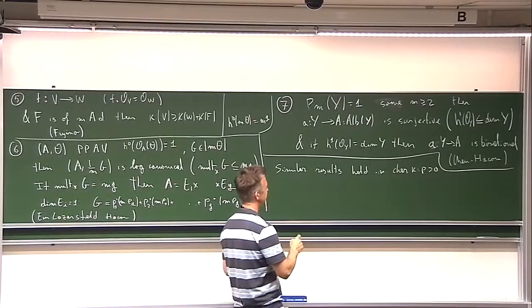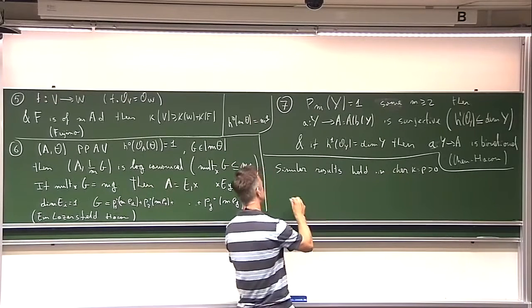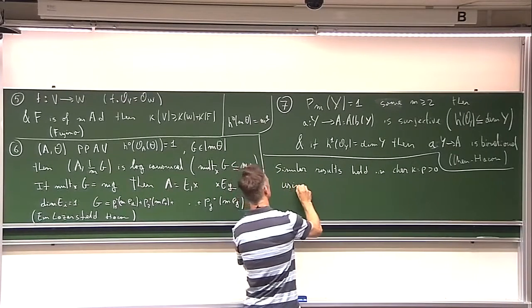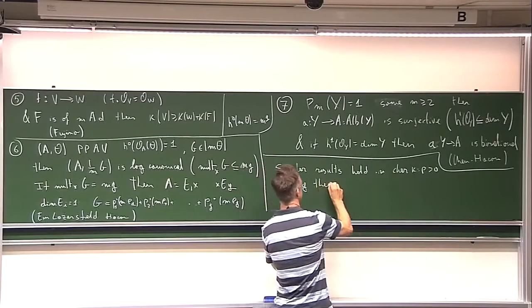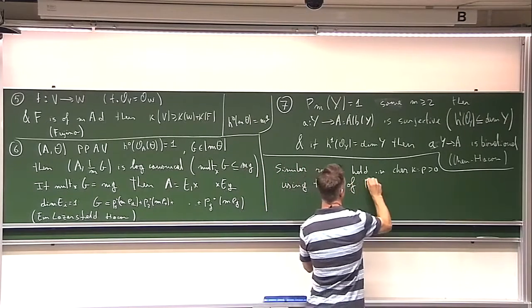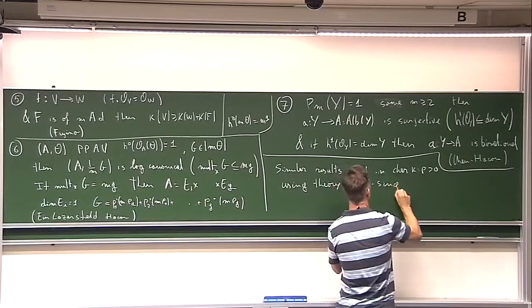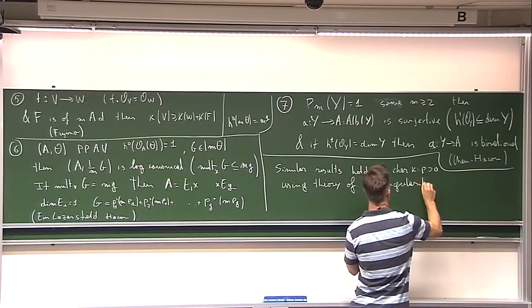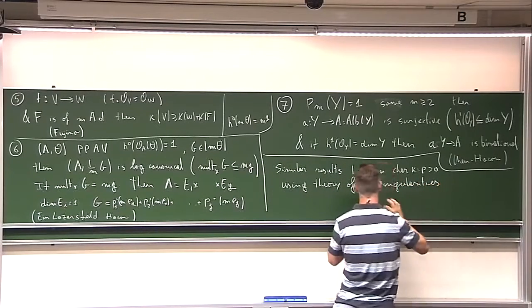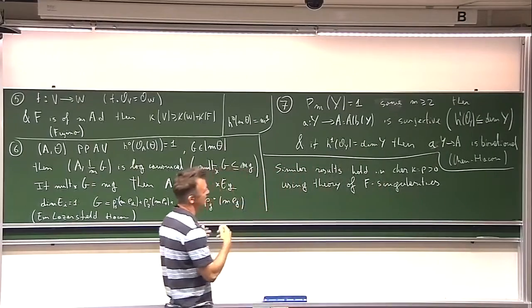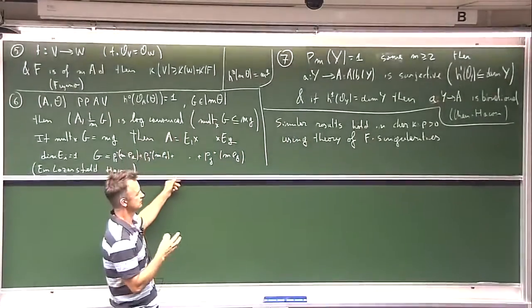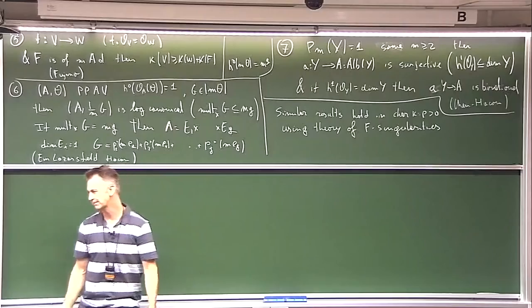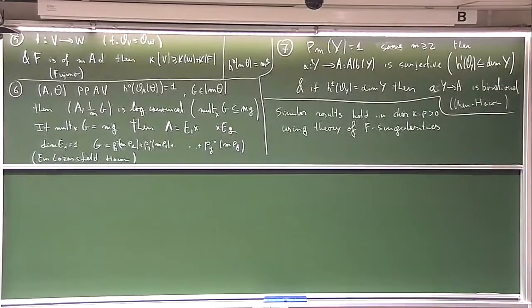And that gives you some interesting results. And so the ideas from F-singularities make a very natural appearance once one frames the questions in the right way. Okay, so this is just the motivation part.